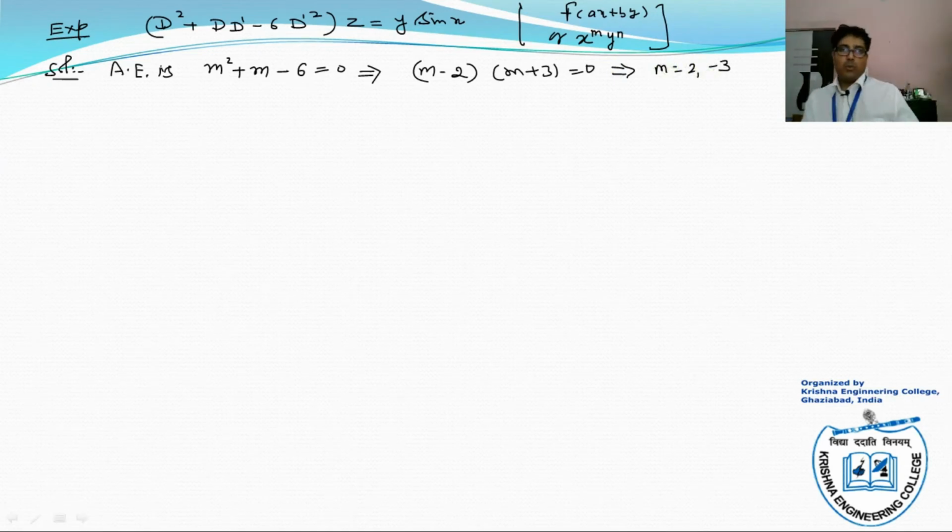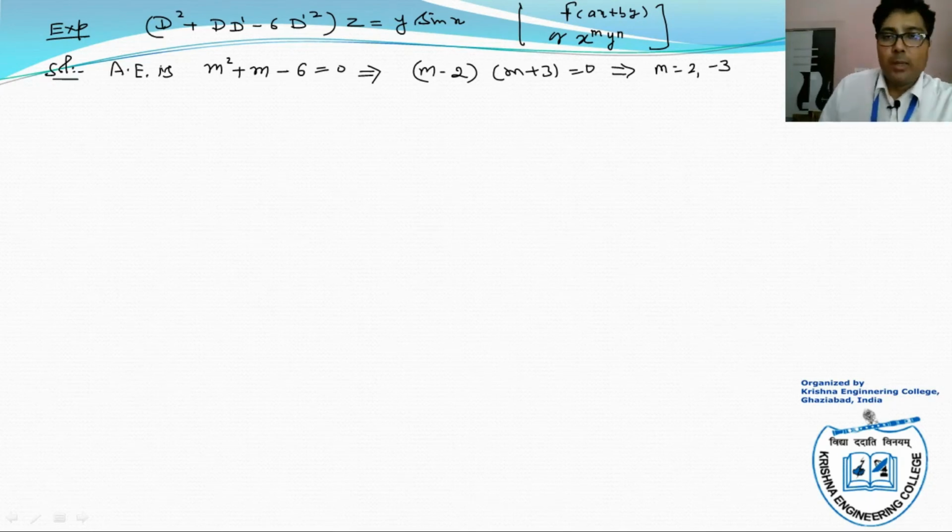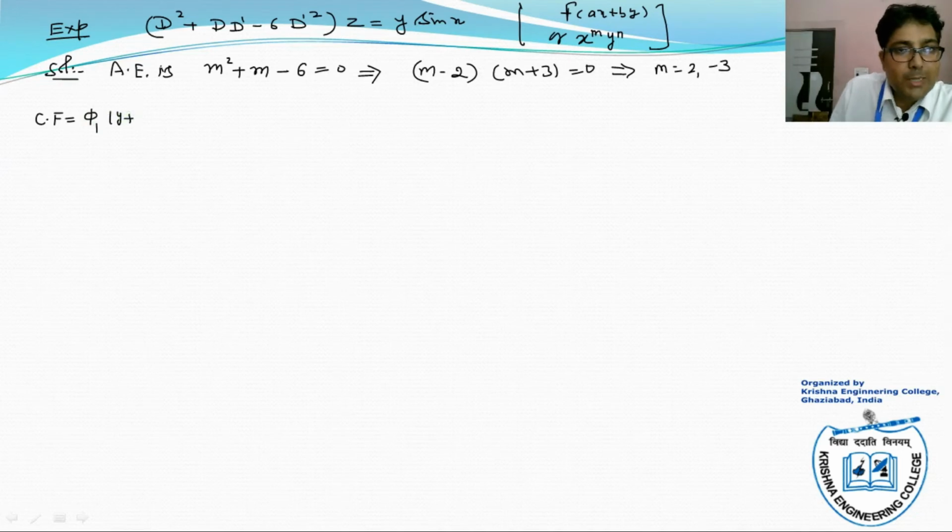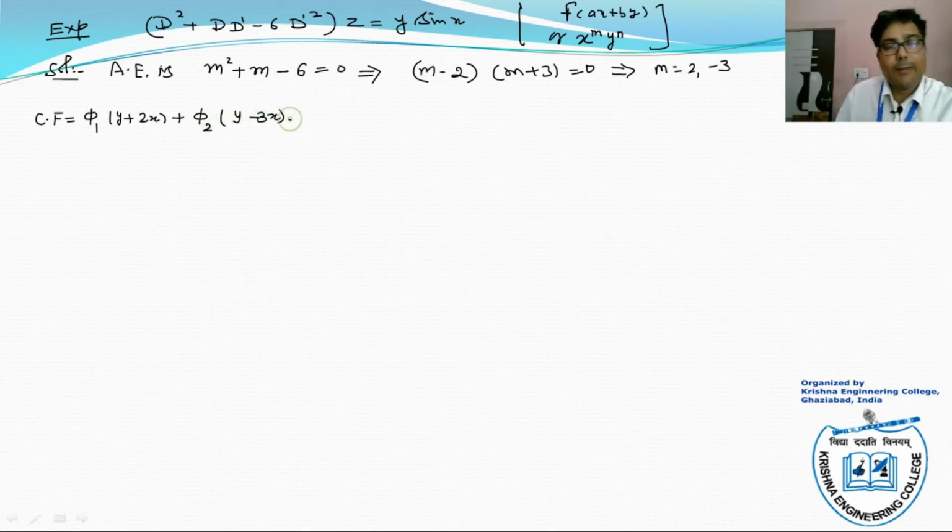There are two distinct roots. So here m1 is 2 and m2 is equal to minus 3. So CF, the complementary function, is φ1(y plus m1 x), that is y plus 2x, plus φ2(y minus 3x). Clear? This is the CF. Find the PI.